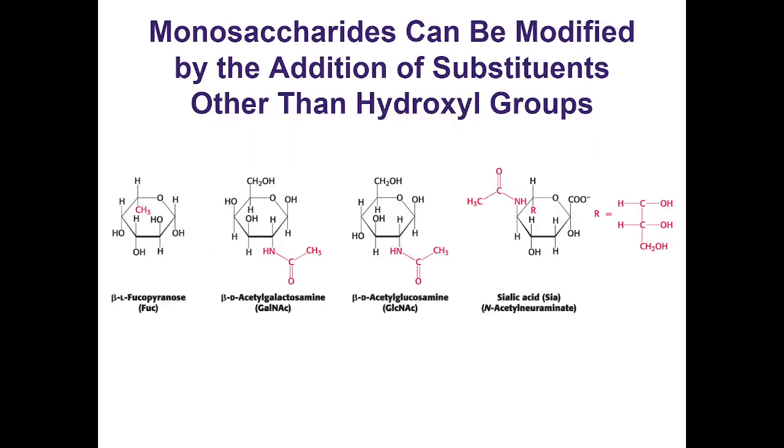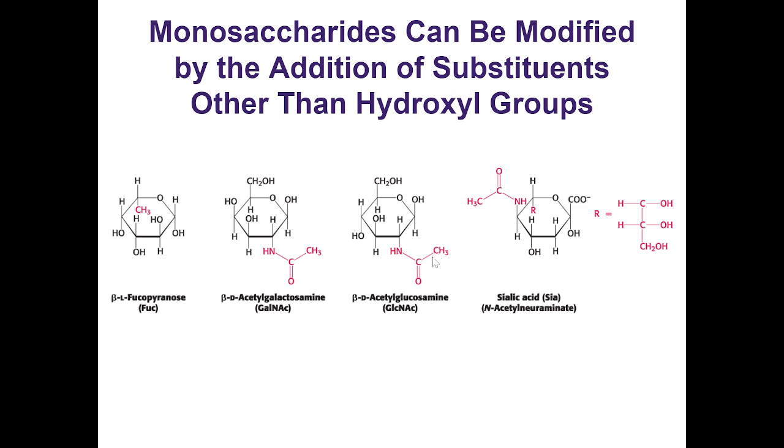So the monosaccharides can be modified by the addition of substituents other than the hydroxyl groups. And so here we see some different examples of this. Here we have a CH3 that's been added. This one right here has an acetylamine. Notice that would be the acetyl group right here attached to an amine. Right here we have the acetylglucosamine.